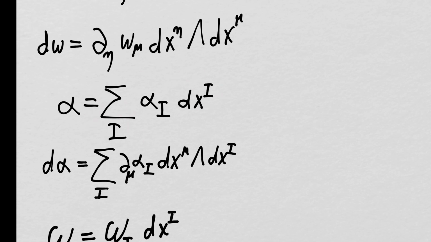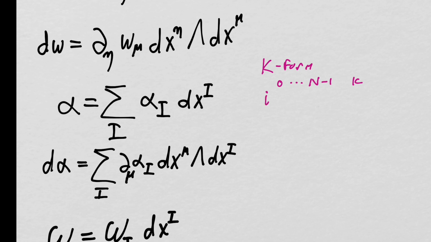And what's important here is this I, right? This I is an index set, and you're summing over this index set. If you're dealing with a K form, then I is all the permutations of the numbers 0 to n minus 1 chosen k at a time, such that the permutation's always increasing, right?